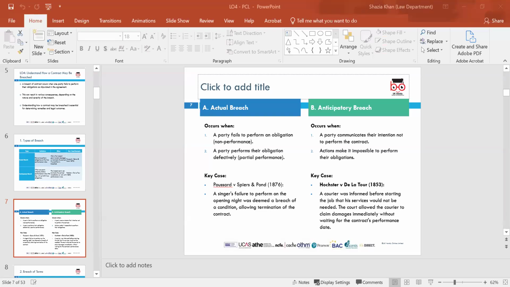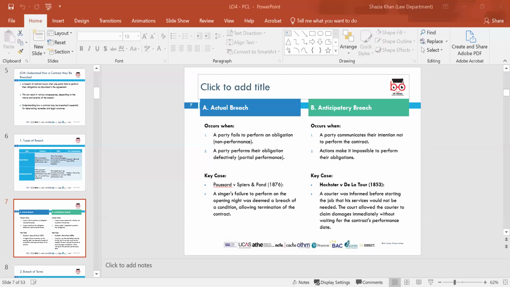Examples include a direct failure to perform a contractual obligation at the designated time, as in Poussard v Spiers, 1876, or a contractor failing to deliver a completed project by the agreed deadline. The consequence is that the non-breaching party can pursue legal remedies such as suing for damages, terminating the contract, or seeking specific performance.